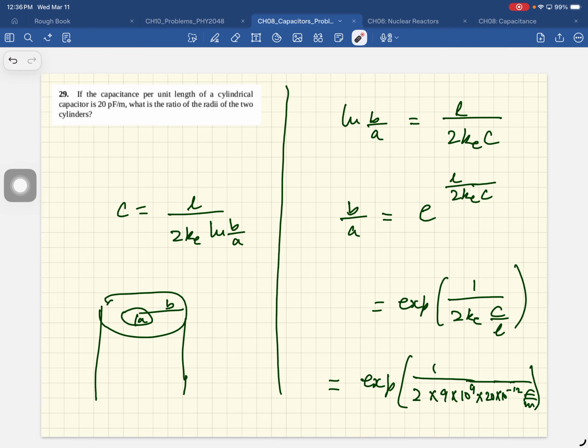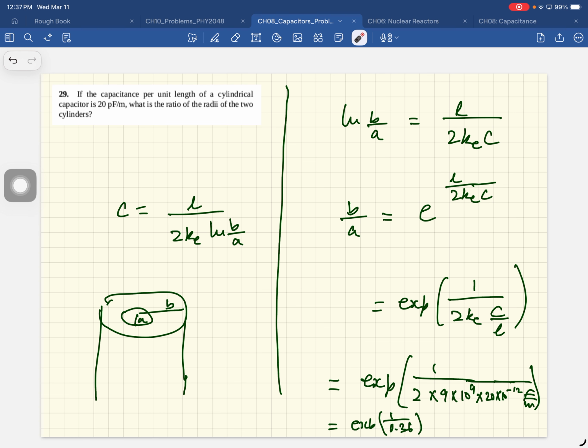So this is 10 to the minus 3, 10 to the minus 2, that's 36, so exponential of 1 over 0.36. So roughly e to the power 3, which would be roughly about 25.